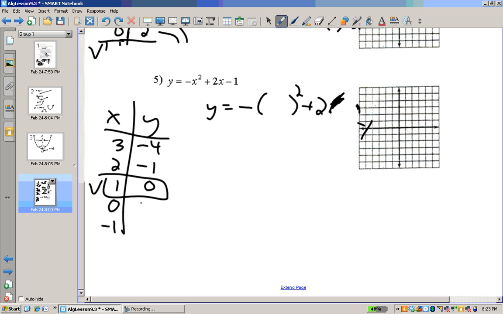And this should be negative 1 and negative 4. Let's see if that's the case. Plug in 0. 0 squared is 0. Opposite of 0 is still 0. 0 times 2 is 0. Minus 1 is negative 1. So this is working just fine.